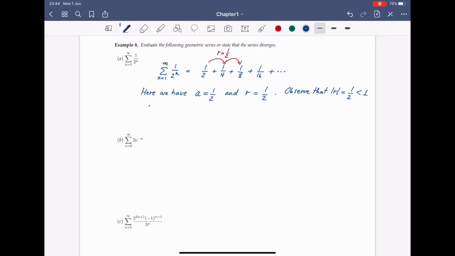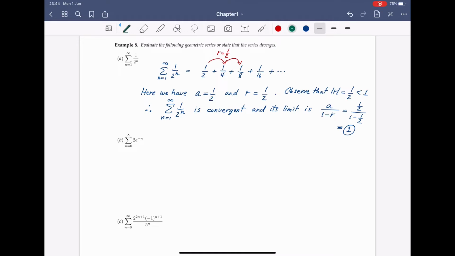So that means the series is convergent and its limit is a over 1 minus r, which is 1/2 over 1 minus 1/2, which is 1. Right, this is the answer for question A.